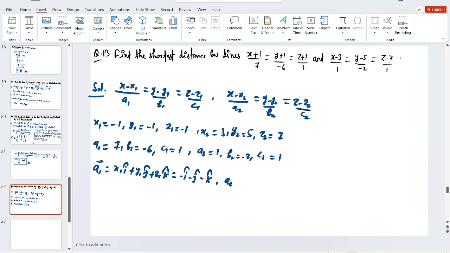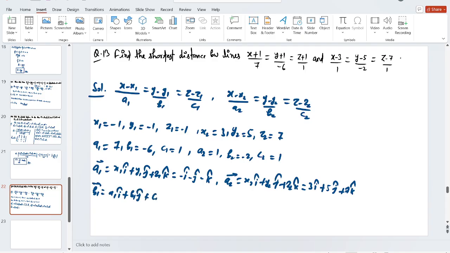And vector A2 is x2 i cap, y2 j cap plus z2 k cap, so this is 3 i cap plus 5 j cap plus 7 k cap. And vector B1 is equal to a1 i cap plus b1 j cap plus c1 k cap.